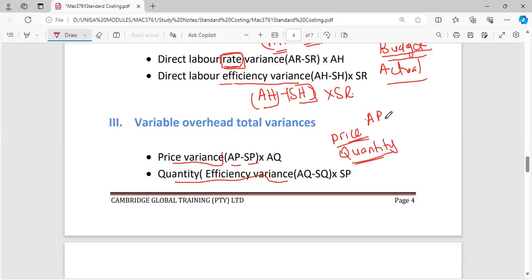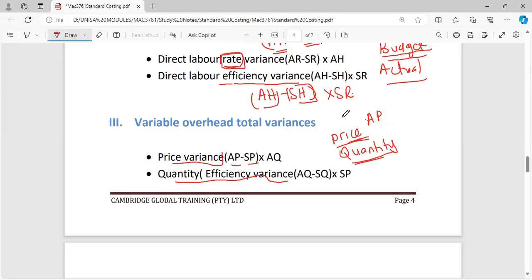I would like to ask why on price variance we say actual price minus the standard price times actual quantity, but on the quantity variance we say times the standard price. The first one is actual quantity, but the second one is standard price.